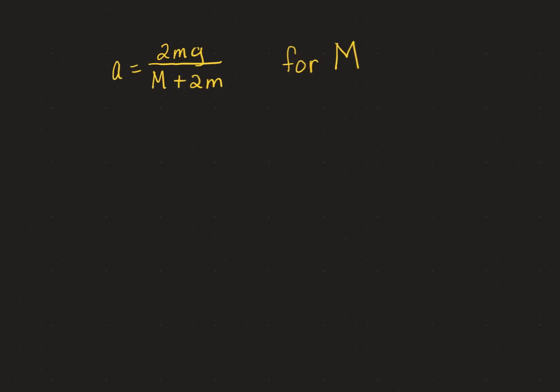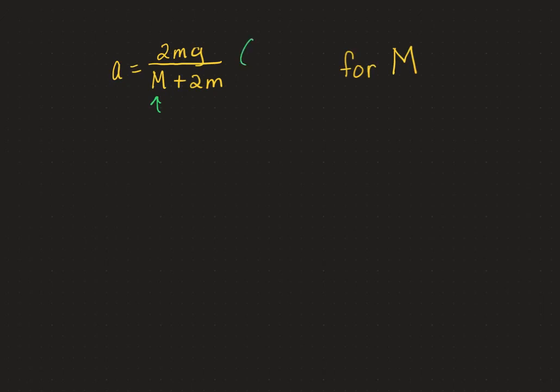So let's do this. Moving that over a little bit so I have a little bit more room. I need to solve for this capital M. It is in the denominator right now. Not good. I want it in the numerator. I want it isolated by itself.